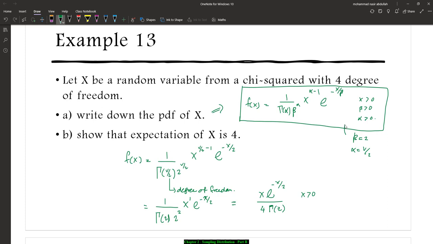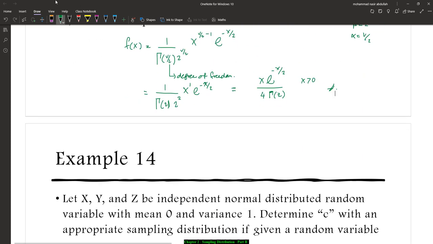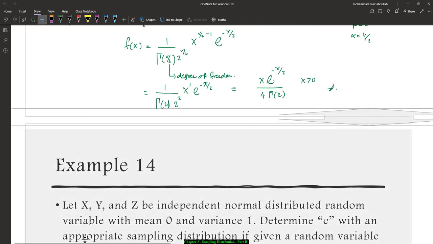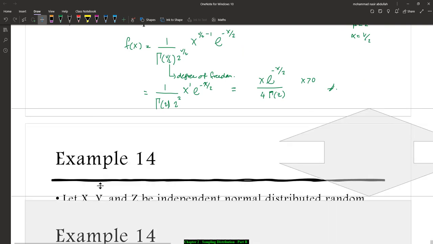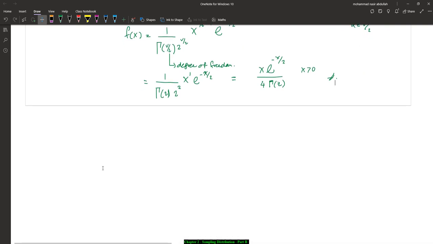Right? So this is the PDF for example number 13, chi-square with 4 degrees of freedom. And we need to show that the expected value of x is equal to 4.